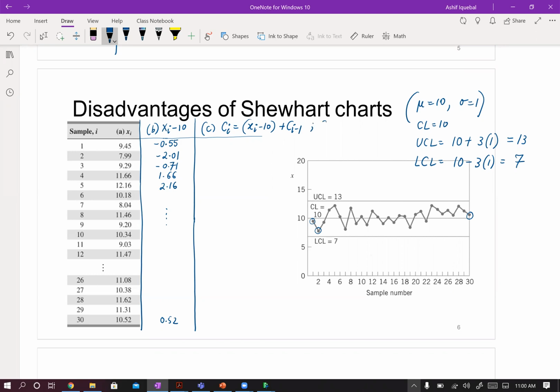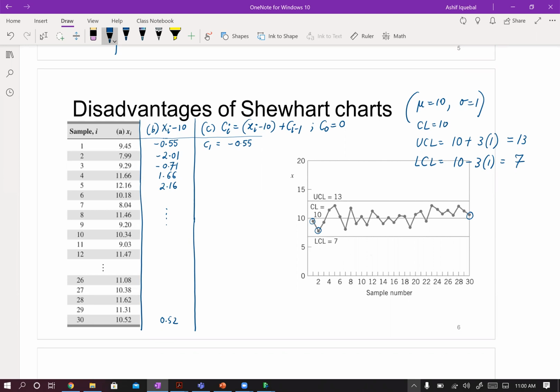And I'm going to say that C0 is equal to 0. So let's see what happens. If C0 equals 0, then C1, with i equal to 1, is minus 0.55, because C0 is 0.